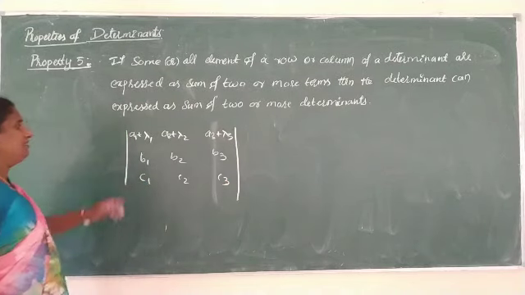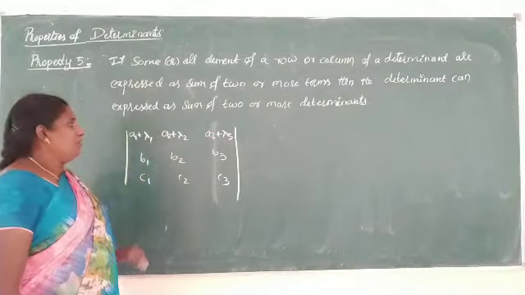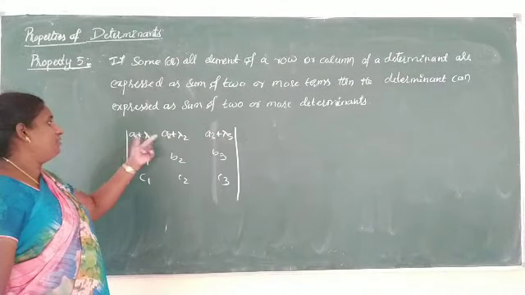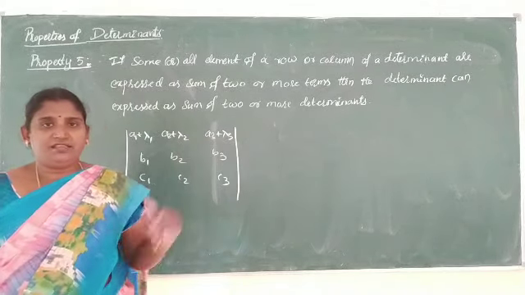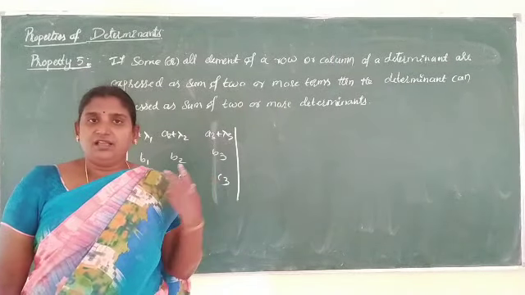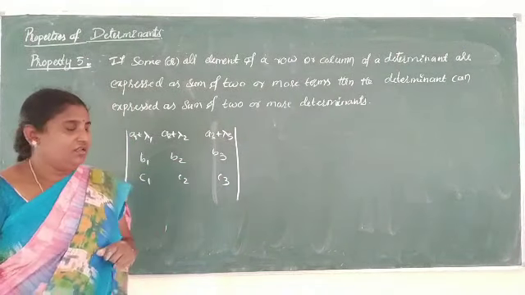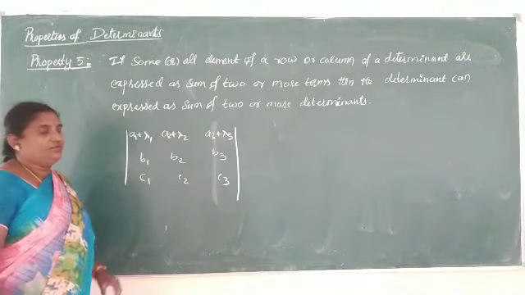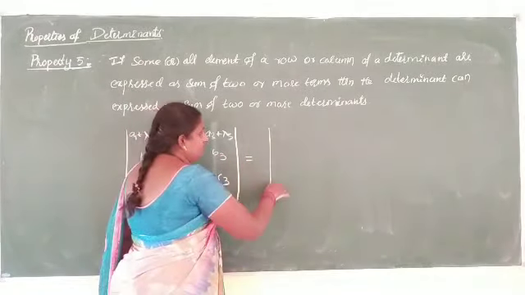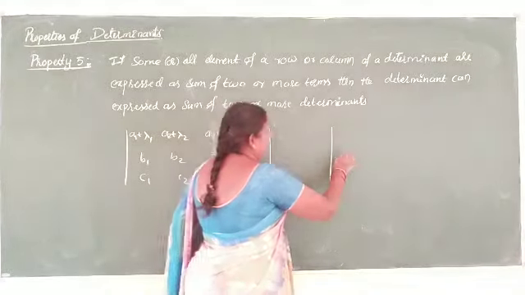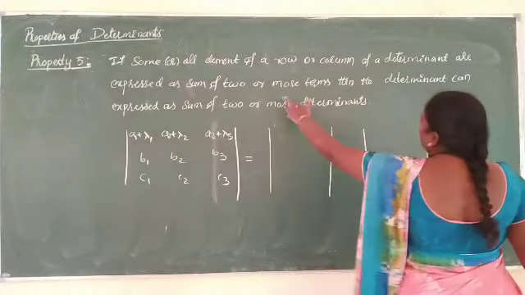All elements, or even some elements, of the row can be expressed as a sum of two terms. Okay? So each and every element can be expressed here as a sum of two terms. Not only two, we can discuss the condition of two or more terms. That's the meaning of this.